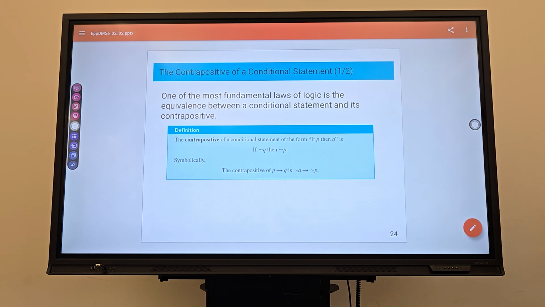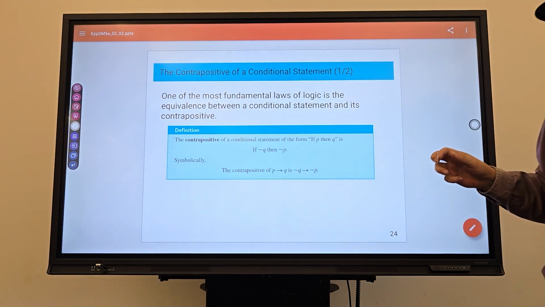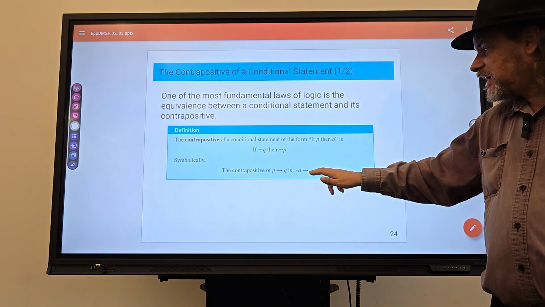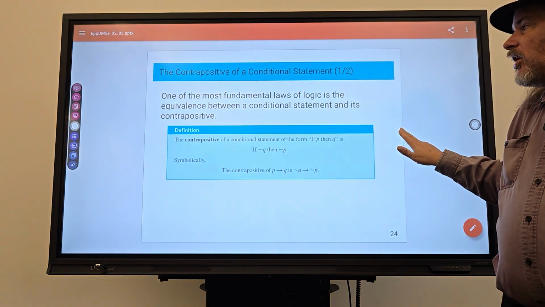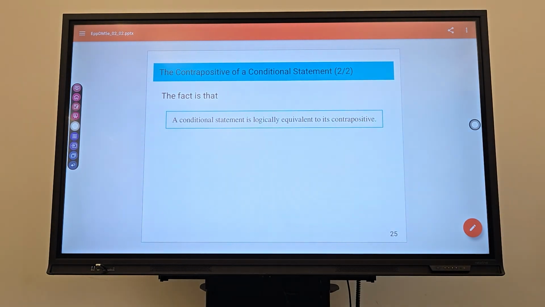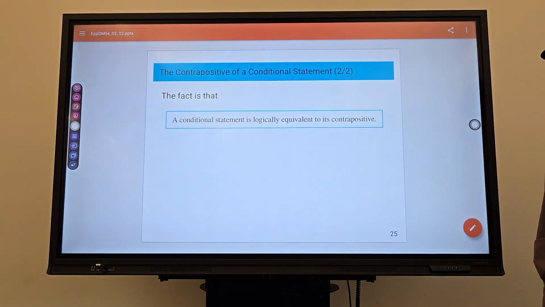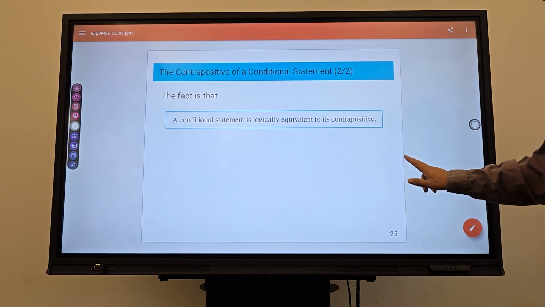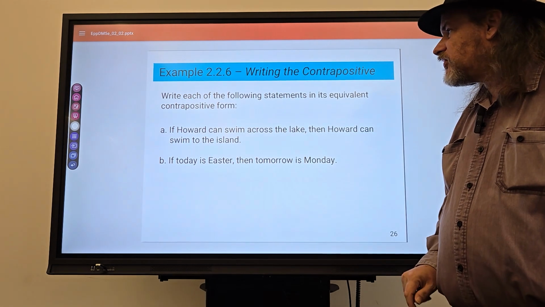That's the contrapositive. The contrapositive and the original statement are logically equivalent to each other. They can be substituted for each other. So it's just another way of expressing it.